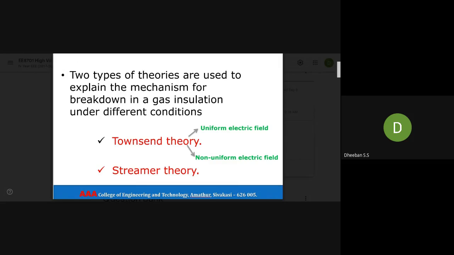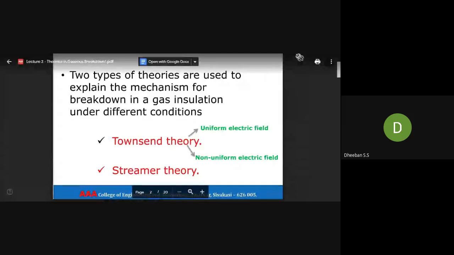So you already know about uniform electric field and non-uniform electric field. You might have studied in the second year with respect to electromagnetic theory. Okay, that is, if there is a point charge, just remember it. If there is a point charge, if it is subjected to electric field, I'll be going with the paint.